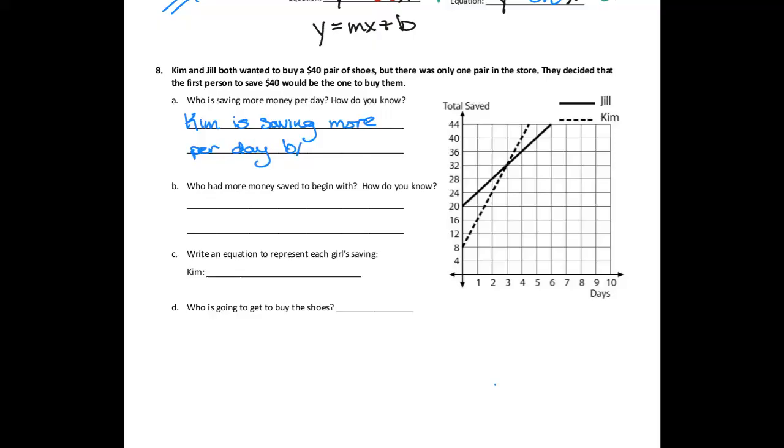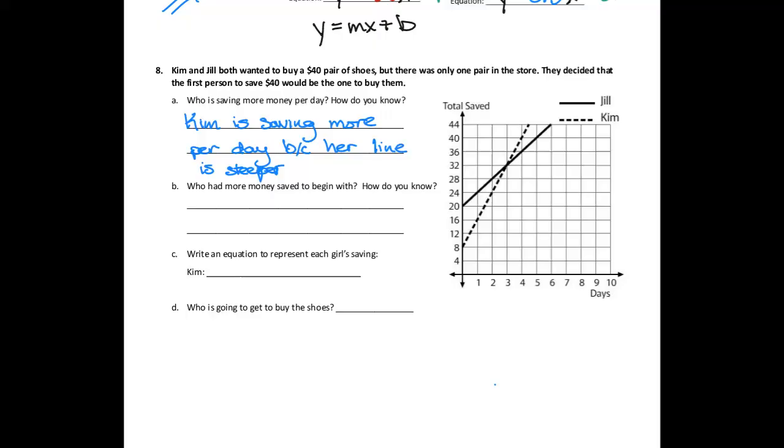Because her line is steeper. I appreciate one person said she finishes first. That doesn't necessarily mean she's saving more per day. She is saving more per day because her line is steeper.